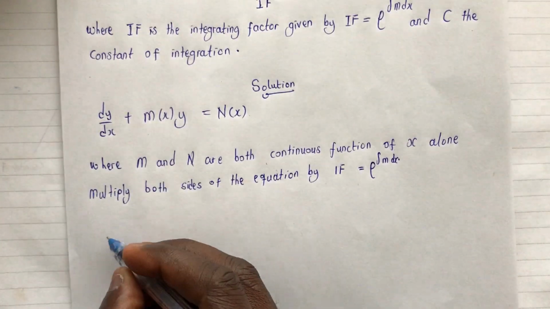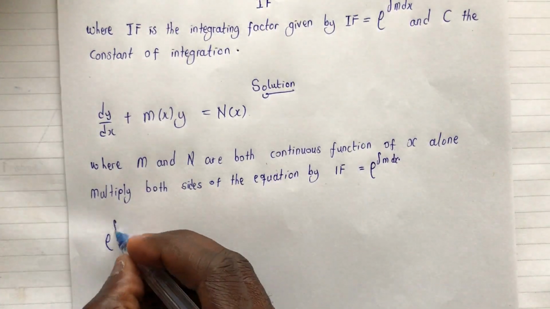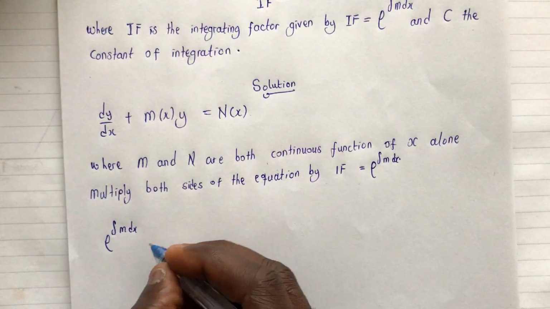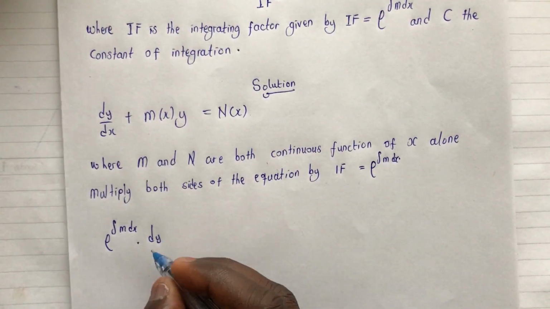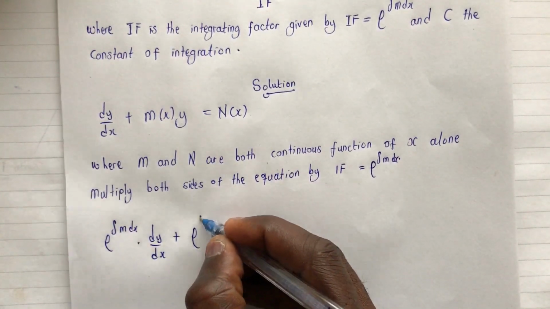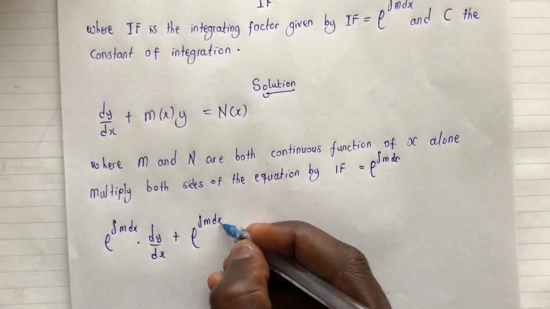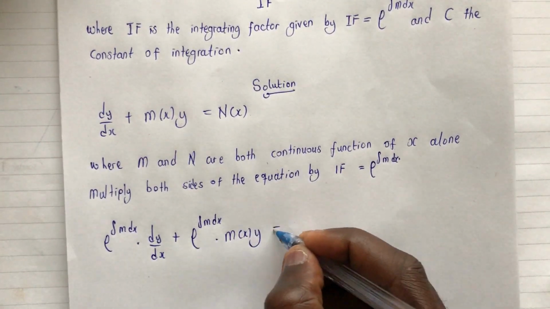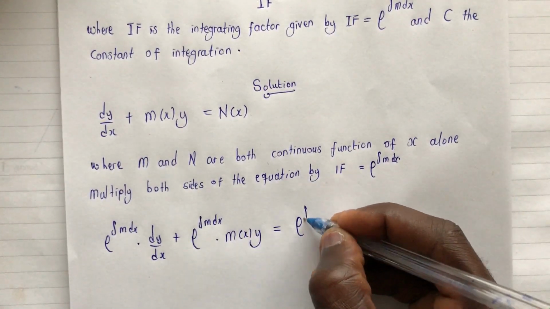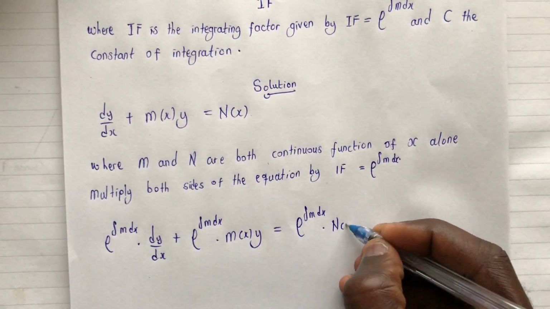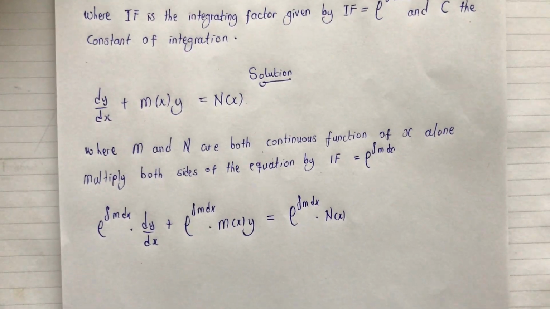So we have e to the integral of m dx, or you can use m(x) dx, times dy/dx plus e to the integral of m dx times m(x)y equals e to the integral of m dx times n(x). So that is what I have done.